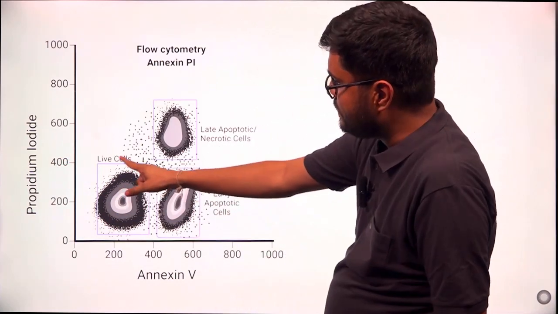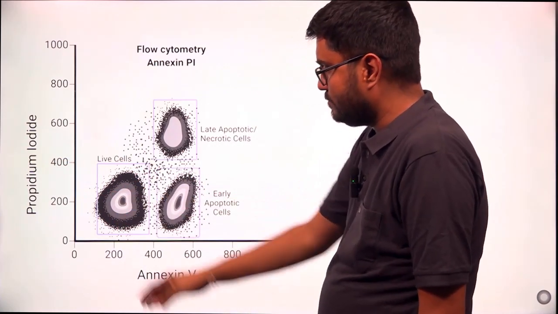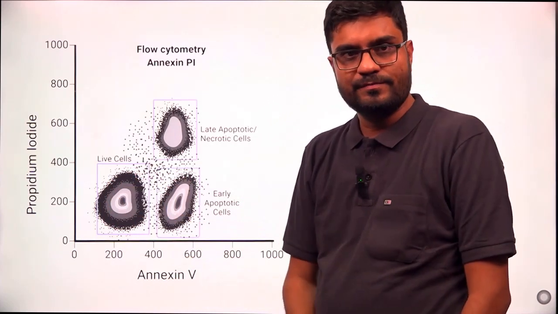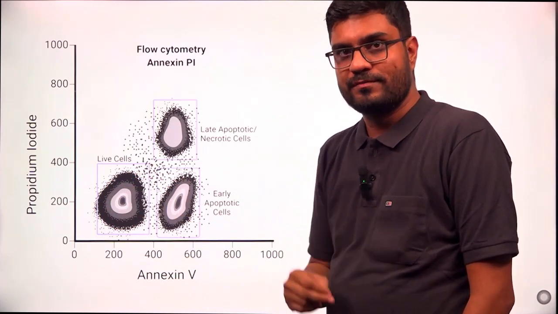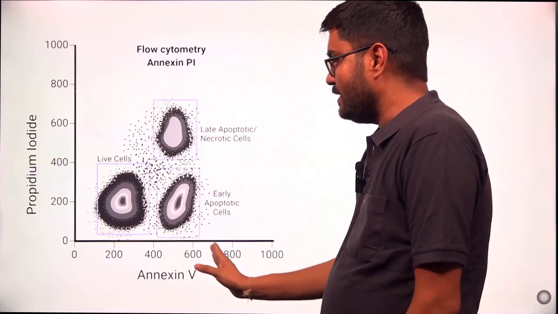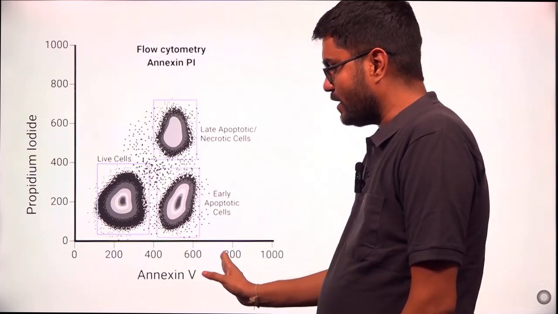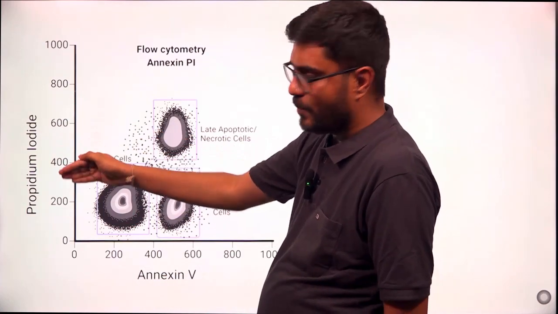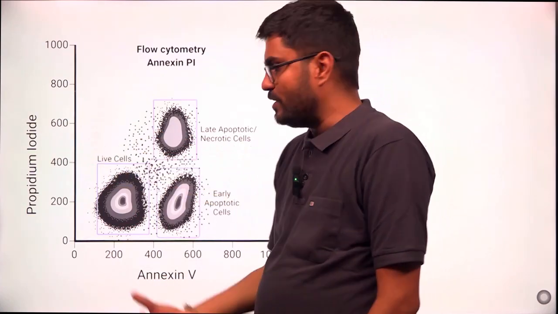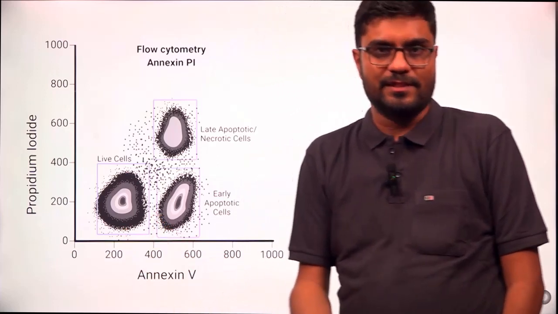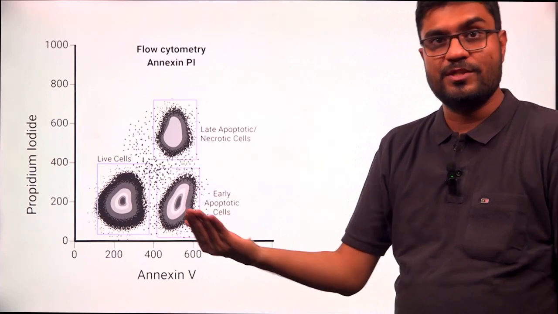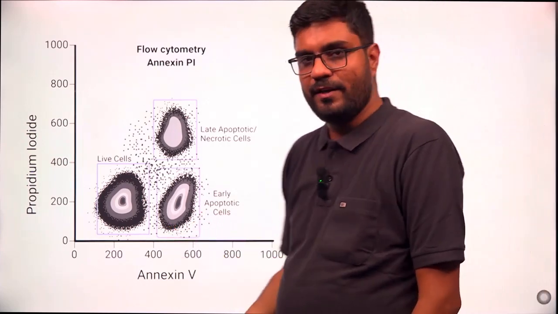The cells in the lower left quadrant are negative for both. Negative for both means they are not giving fluorescence for Annexin-5 or for propidium iodide. So which are these cells? Of course, healthy cells, because there is no binding with Annexin-5 and no staining with propidium iodide.